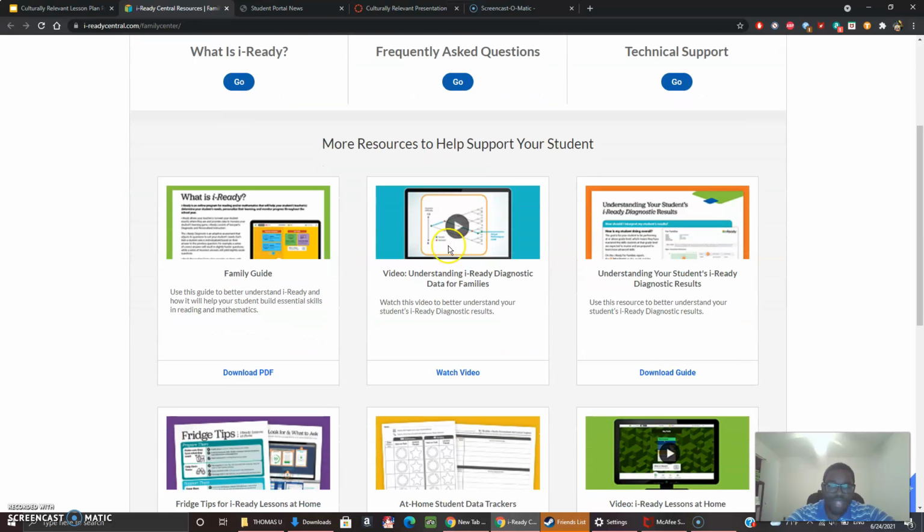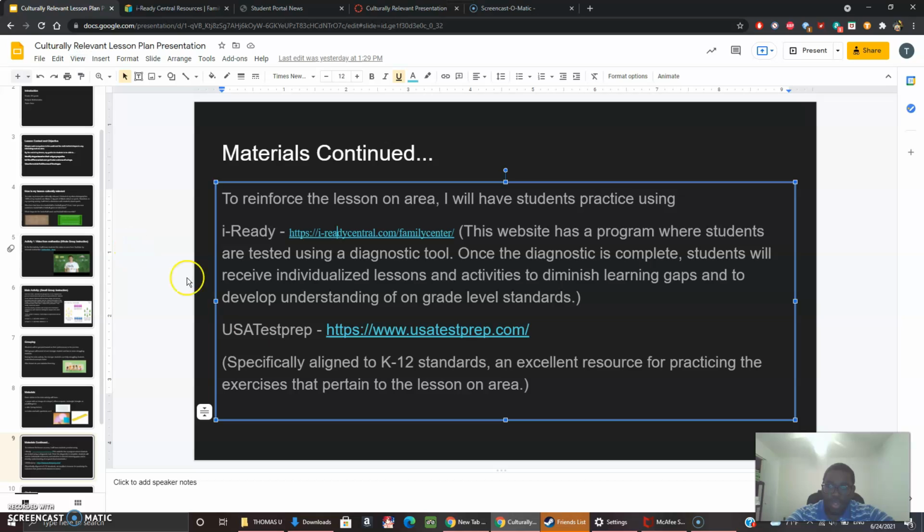You take a diagnostic, and from the diagnostic, iReady comes up with a personalized instruction plan so that students can not only learn on grade level content, but they can work on previous grade level concepts that they did not master previously. So it can do a lot to help with learning gaps.